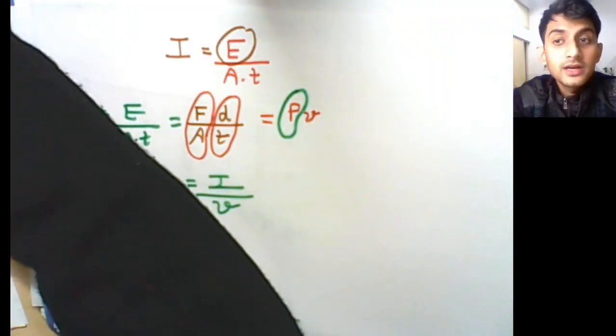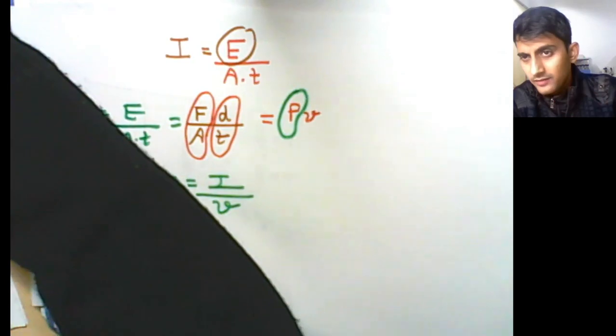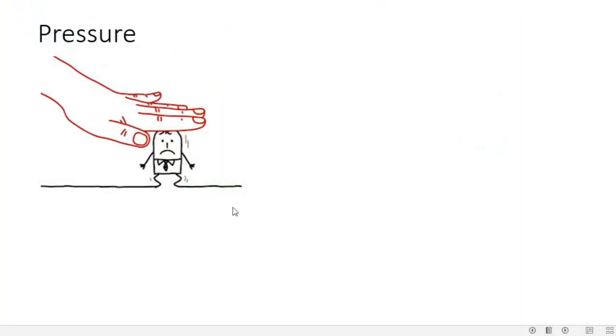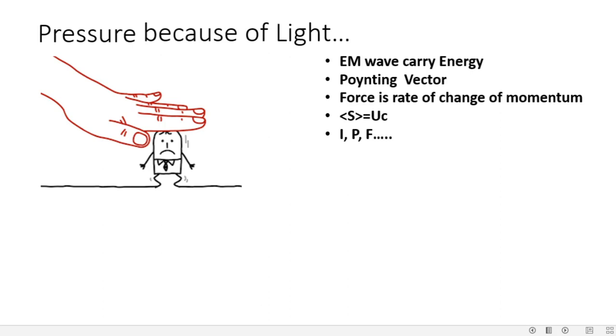So now let us try to understand whatever I have told you in the last 10 minutes through a small presentation I have made. Okay, so in this presentation you see that on a small object we are putting a pressure, but we are interested in pressure because of light, and we have already discussed that electromagnetic waves carry energy. You can skip the second point, which is Poynting vector. Actually this is the agenda to be discussed in this lecture.